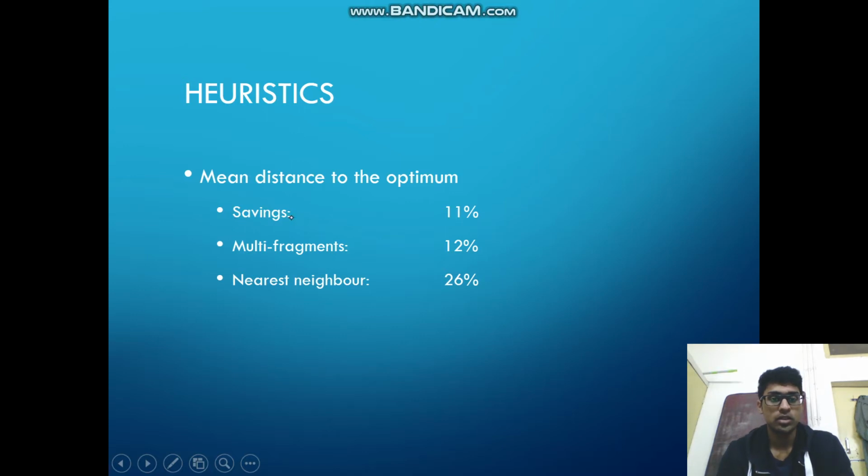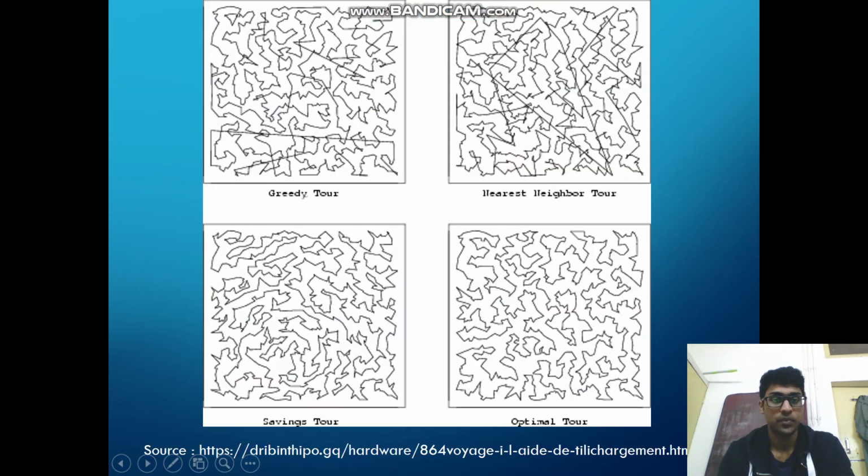So the savings heuristic covers 11% more distance. Multi-fragments, which was the greedy heuristic we discussed, has 12% distance to the optimum, and the nearest neighbor heuristic has 26% distance to the optimum. So we can see that this is not good at all.